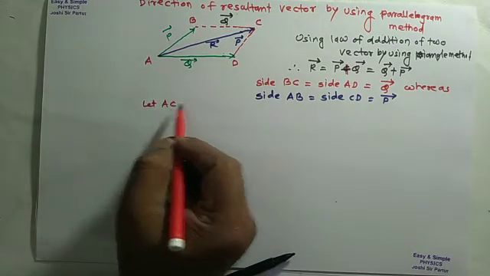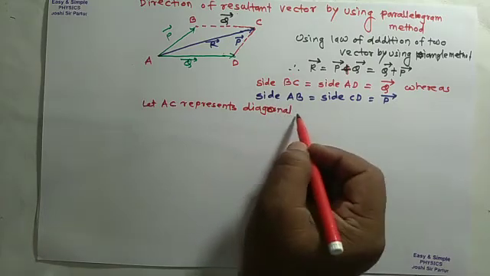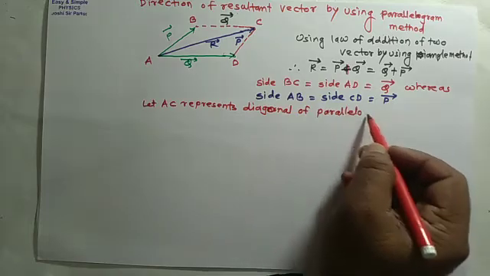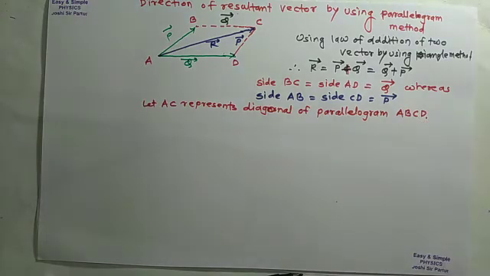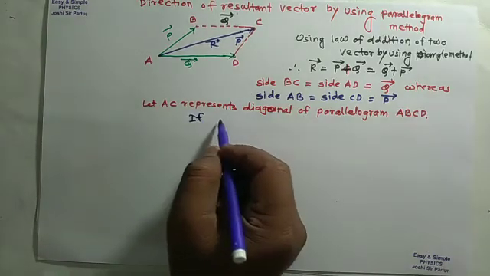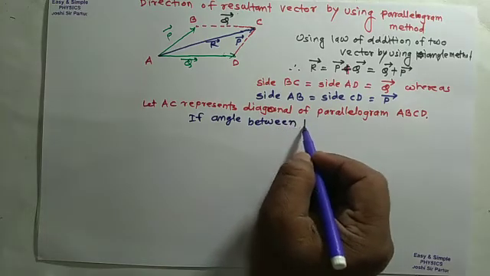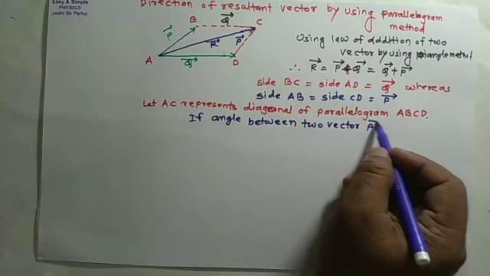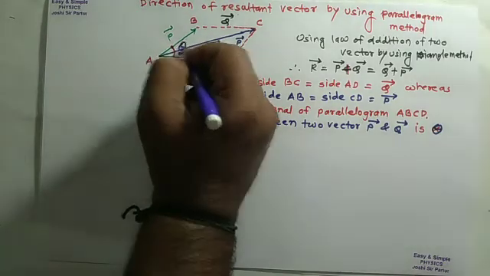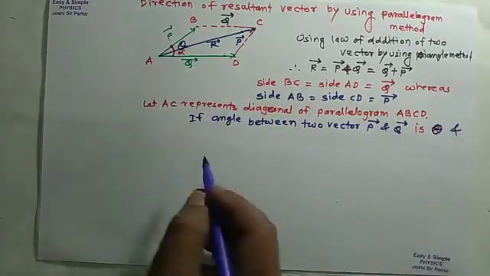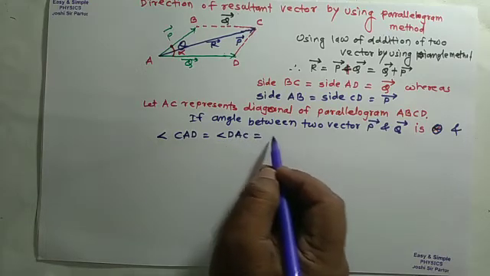Let AC represent the diagonal of parallelogram A, B, C, D. So, if the angle between the two vectors P and Q is theta, and angle CAD is equal to angle DAC is alpha.